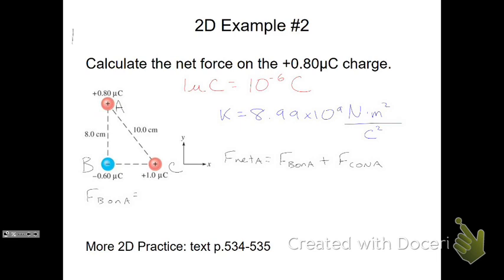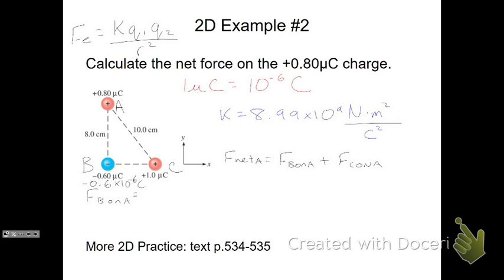Again, the magnitude of electrostatic force is equal to K Q1 Q2 over R squared. So I'm just going to fix these right now. Negative 0.6 microcoulombs is negative 0.6 times 10 to the negative 6 coulombs. Or negative 6 times 10 to the negative 7.